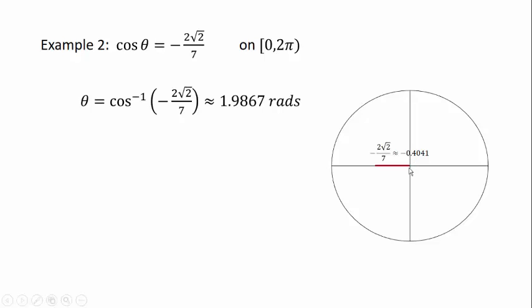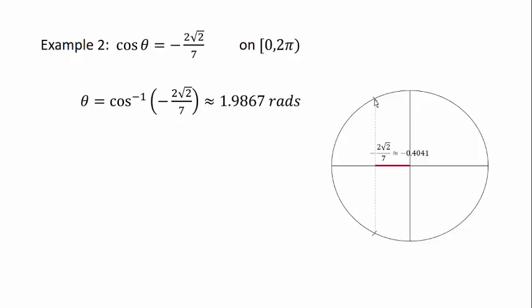Because it's negative, it goes in this direction from the origin on the horizontal axis. So I've gone a little bit less than halfway. That means what the calculator has given me corresponds to going straight up to this point in the second quadrant.